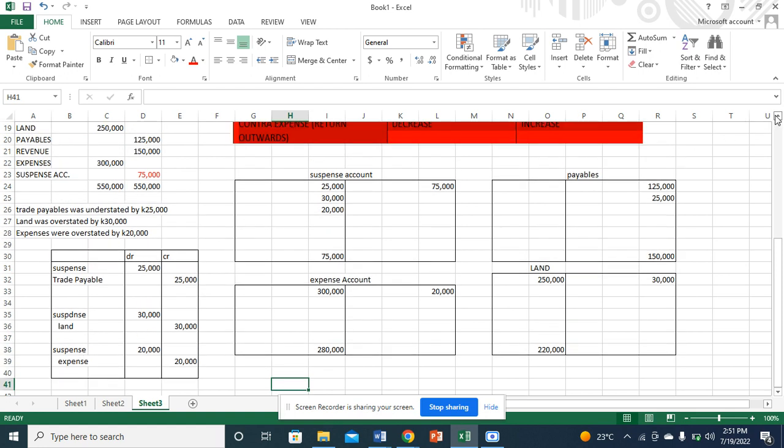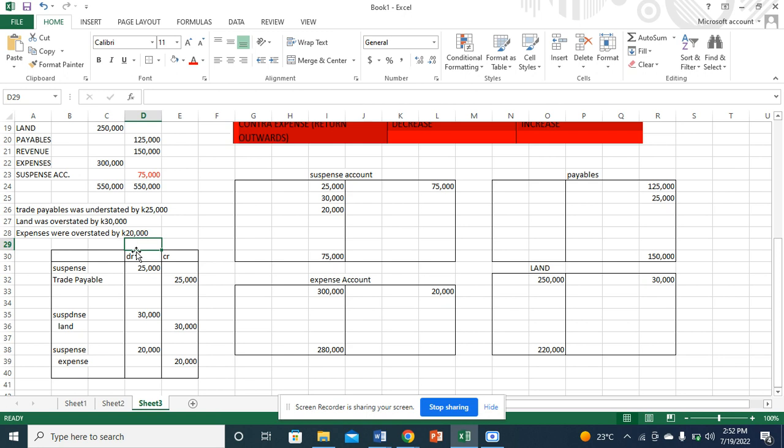The one that has the heading suspense account, and then the one on the left that has debit and credit, suspense, trade payables, suspense, land. What is that called? This here? These are the journal entries to correct the errors.